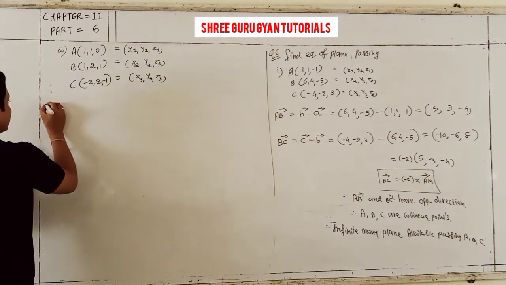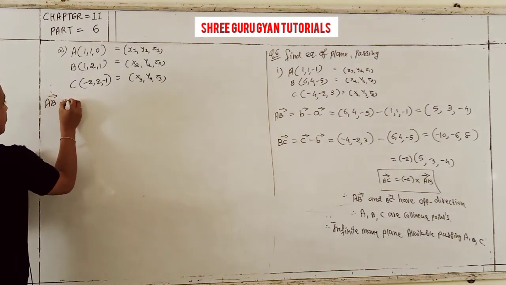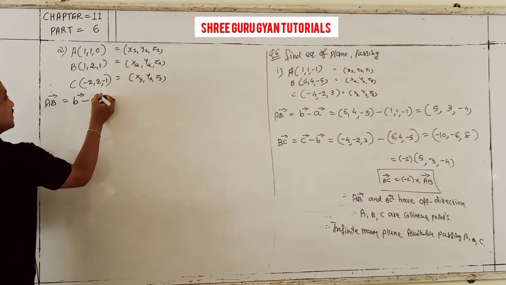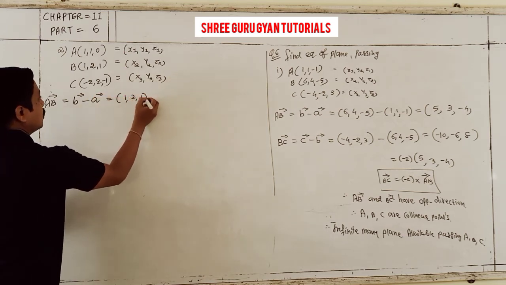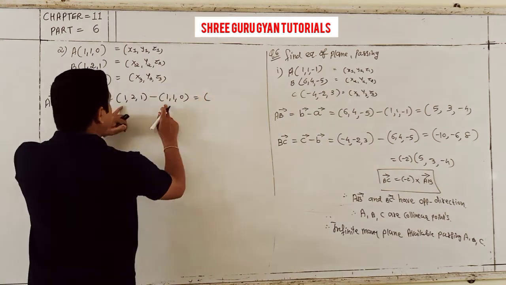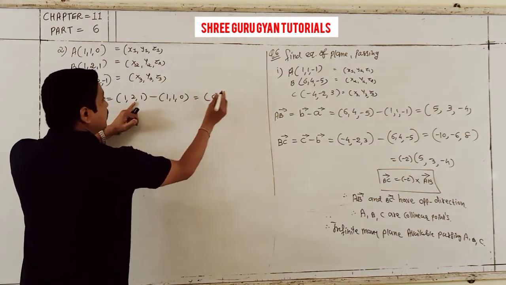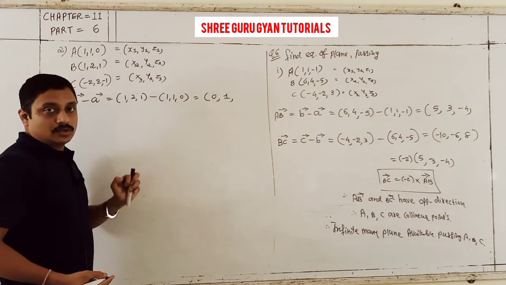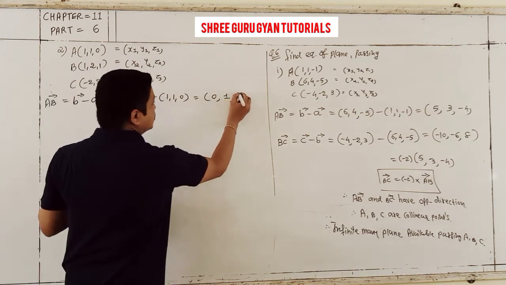So my first direction is AB, B minus A: (1, 2, 1) minus (1, 1, 0). My answer is 1 minus 1 is 0, 2 minus 1 is 1, and last 1 minus 0 is 1.